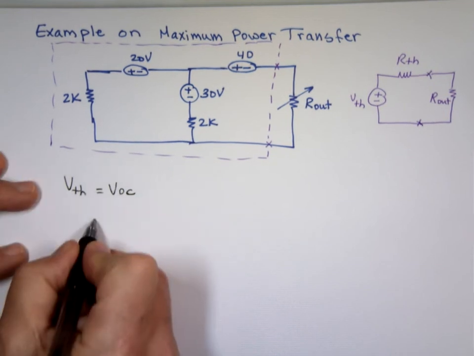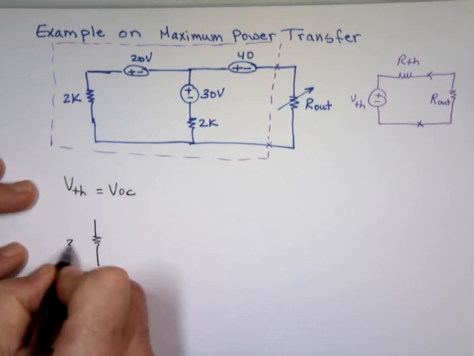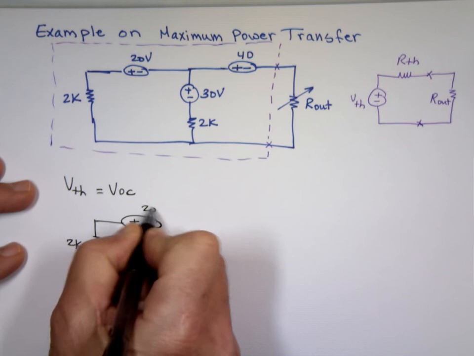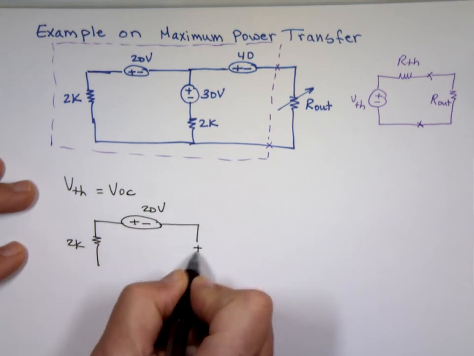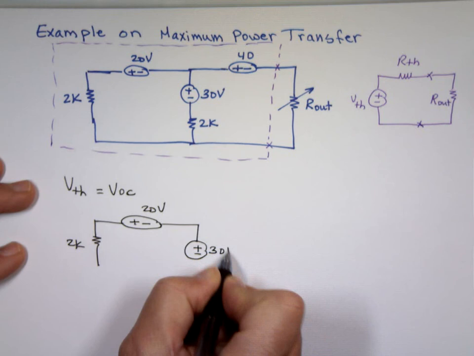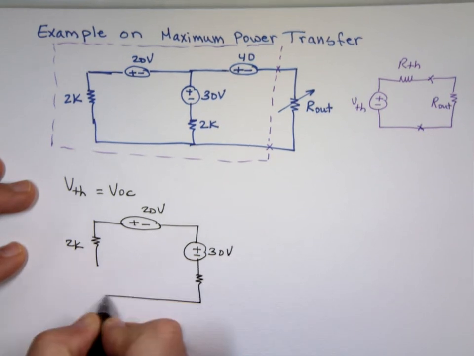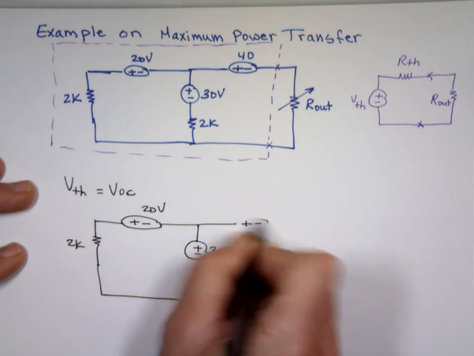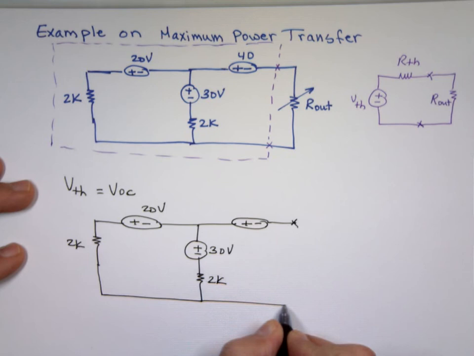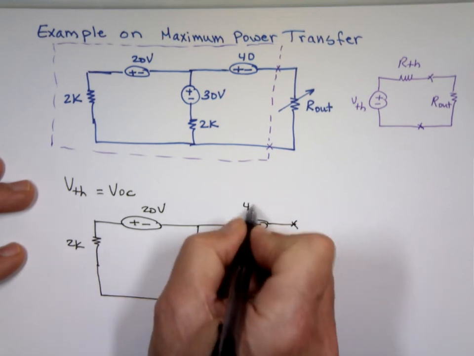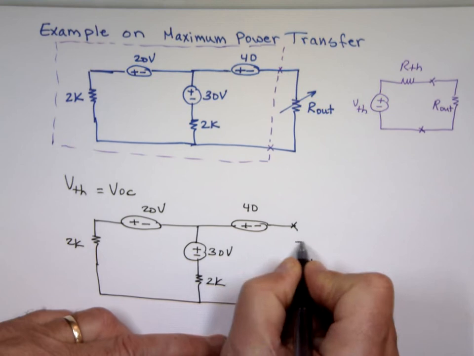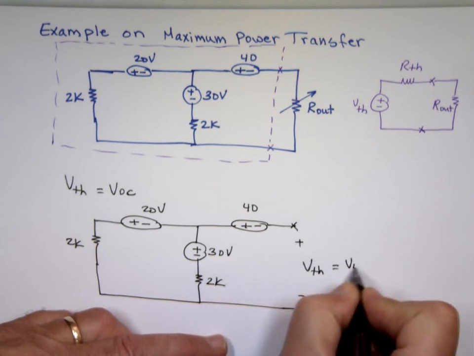So if I chop the circuit, this is my V thevenin right here, plus to minus, which is V open circuit.